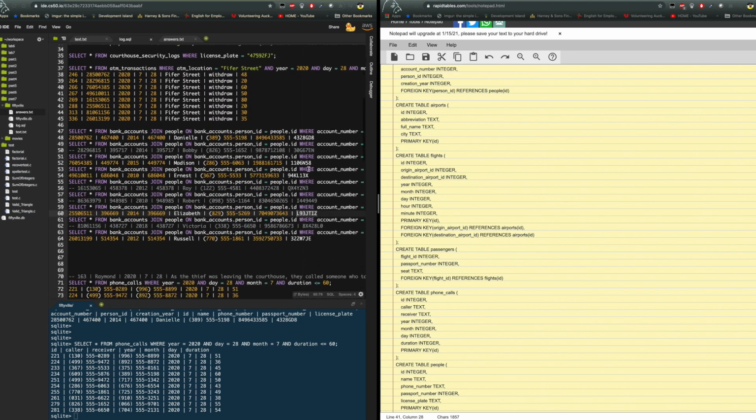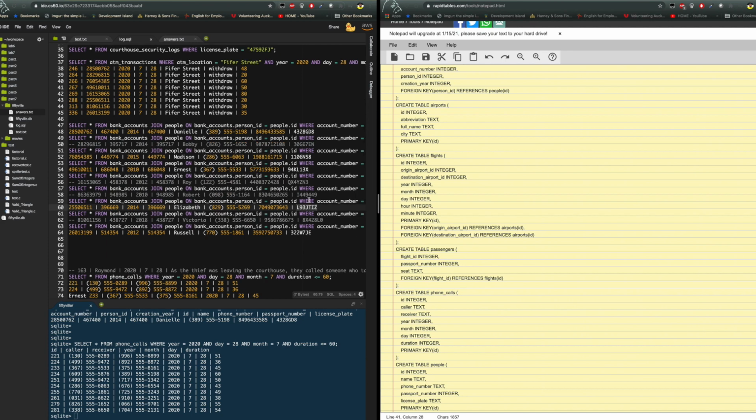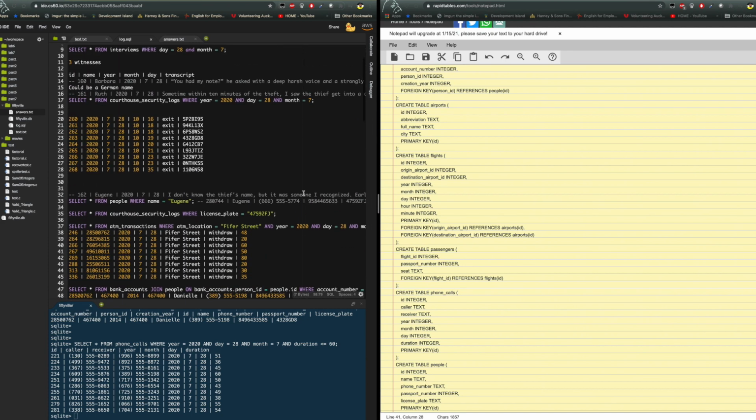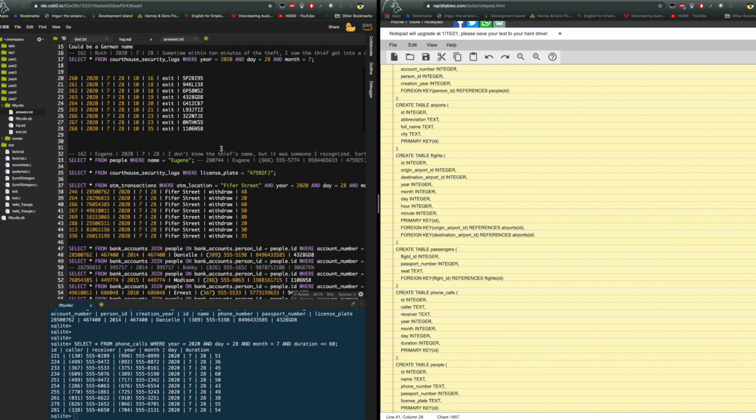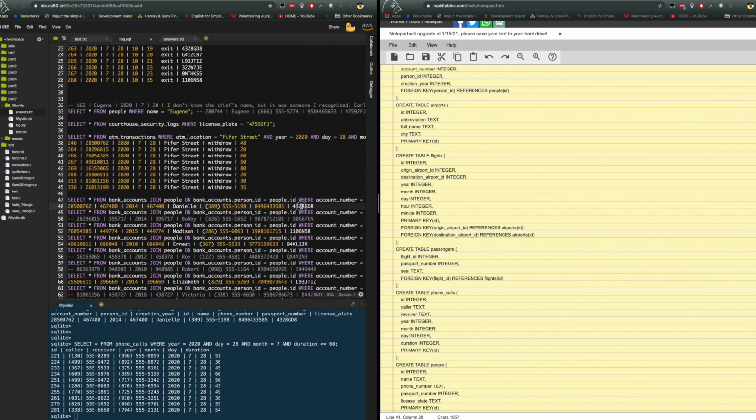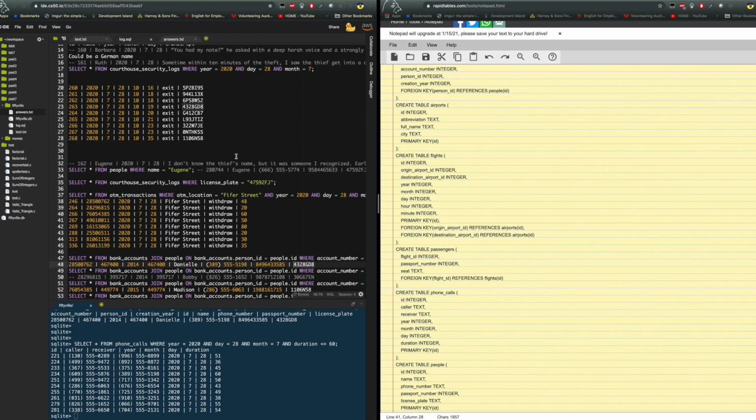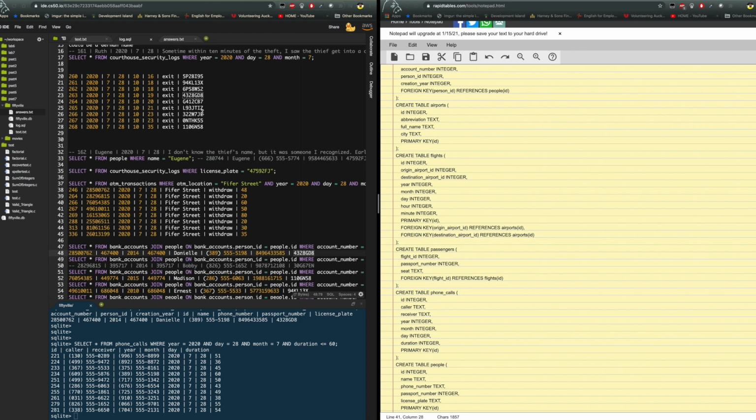To do after check bank account is to decide which car left the courthouse security logs, and I actually highlighted, left them in color, the people who exited by that time and was very popular.